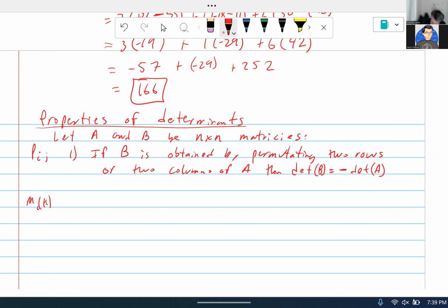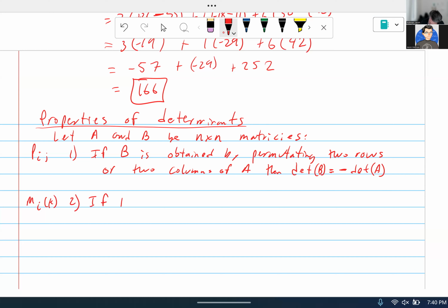Okay, MIK, that's MIK, not IJ. If we multiply a row in the matrix by K, then how does that affect the determinant?